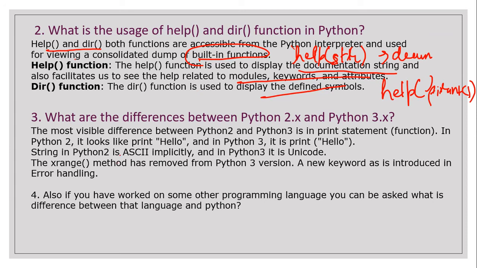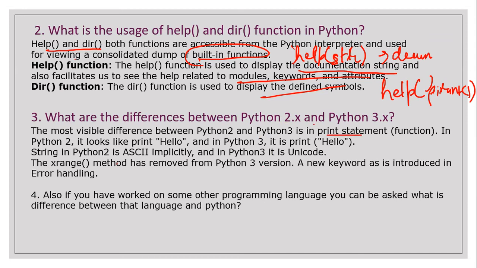The third question is, someone can ask you what the difference between Python 2 and Python 3 is. Most of us have not worked on Python 2, I think, because now we are just going to Python 3. Python 2 has almost become obsolete. So the visible difference between Python 2 and Python 3 will be the print statement.